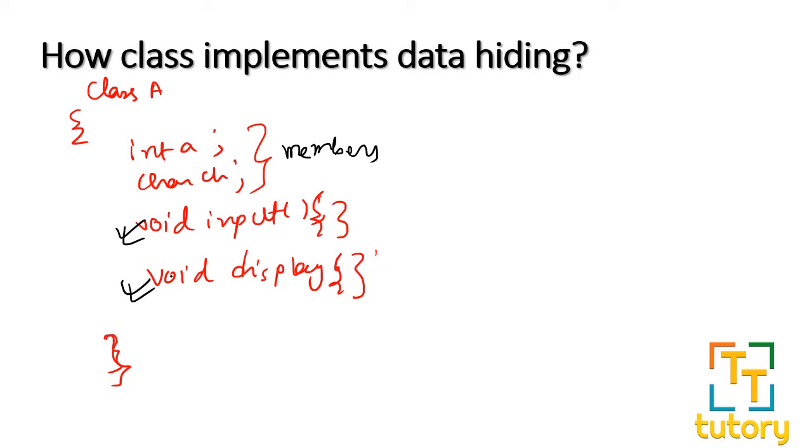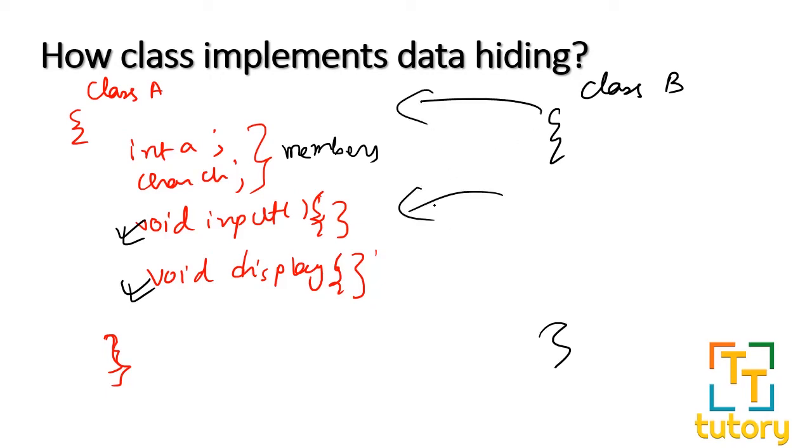Now suppose a different class, let me suppose class B. If this class B wants to access the data of class A, it needs to create an object of class A. So it will create an object of class A here and it can access it, but there will be strict restrictions on what it can access.